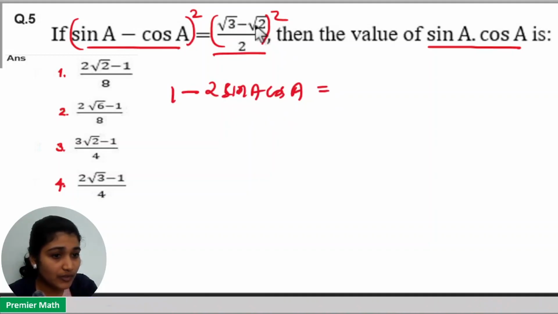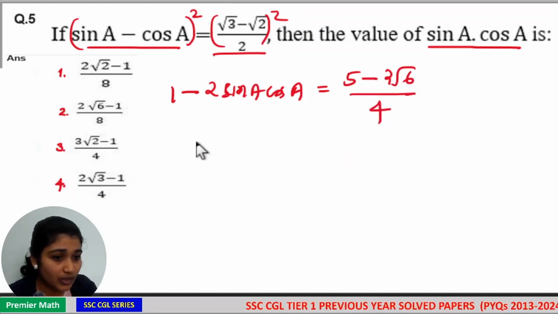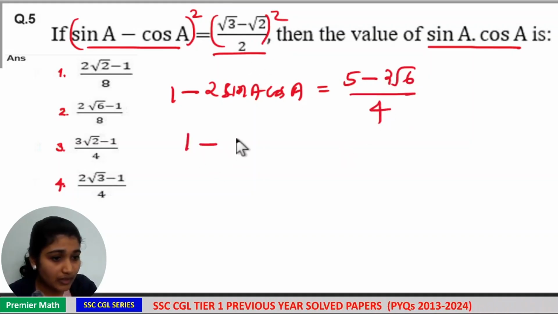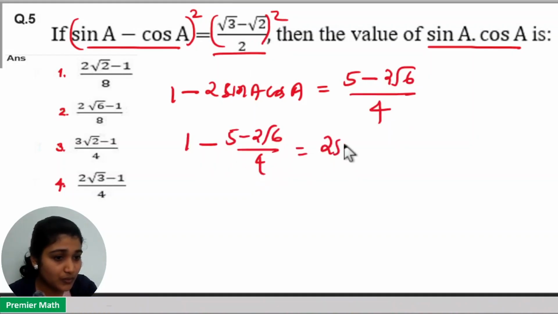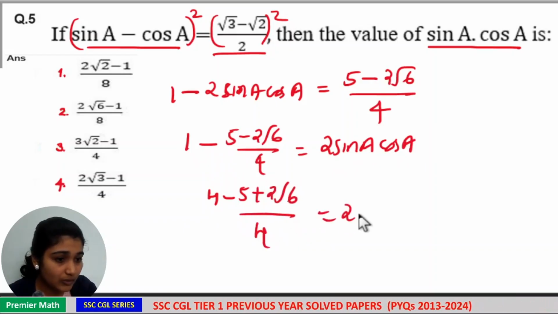Root 3 square plus root 2 square is equal to 3 plus 2, 5 minus 2 into root 3 into root 2 is equal to 2 root 6, divided by 2 square is 4. Now here 1 minus (5 minus 2 root 6) divided by 4 is equal to 2 sin A cos A. Here 4 minus 5, minus of minus 2 root 6 become plus 2 root 6, divided by 4, which is equal to 2 sin A cos A.